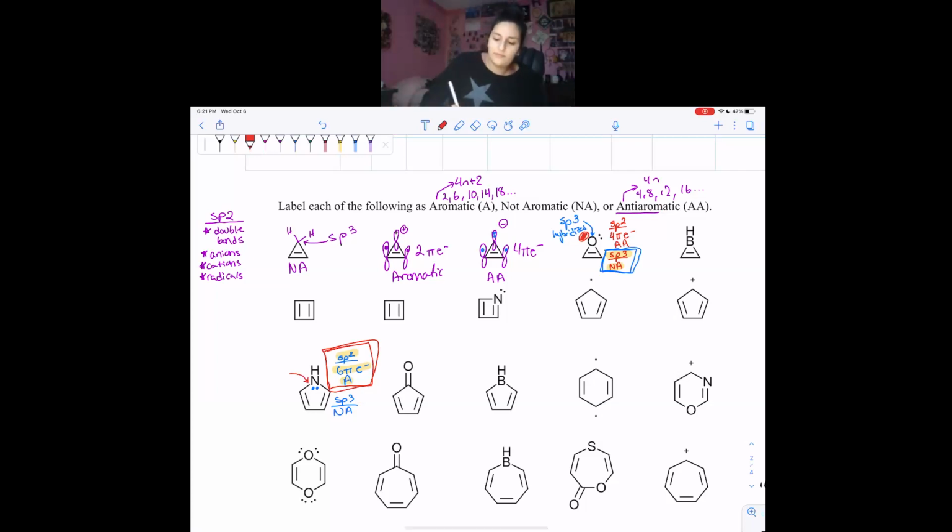So that will be sp2 hybridized and donates 1 lone pair. Any questions?